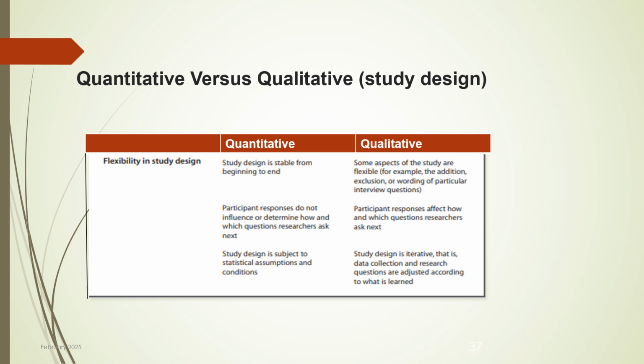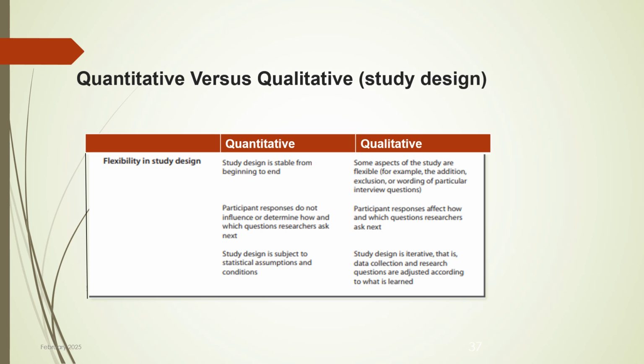However, if you remember from the previous slide, we said that a qualitative research design is emergent. So some aspects of a qualitative research are flexible, for example, the addition, exclusion, or wording of particular interview questions.